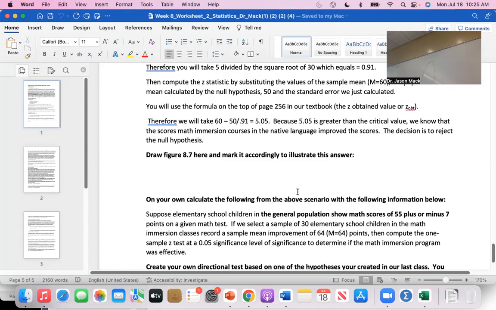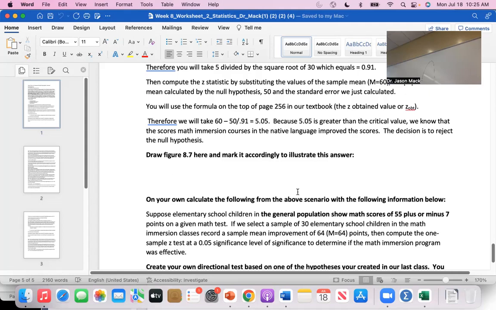So the next thing we do is set the criteria for the decision. The level of significance is 0.05, which makes the alpha level 0.05. Determine the critical value for the probability. In Appendix C, the z score associated with it is between z 1.64 and z 1.65.